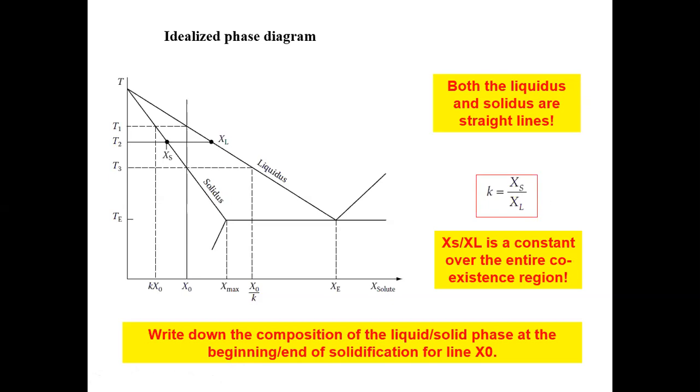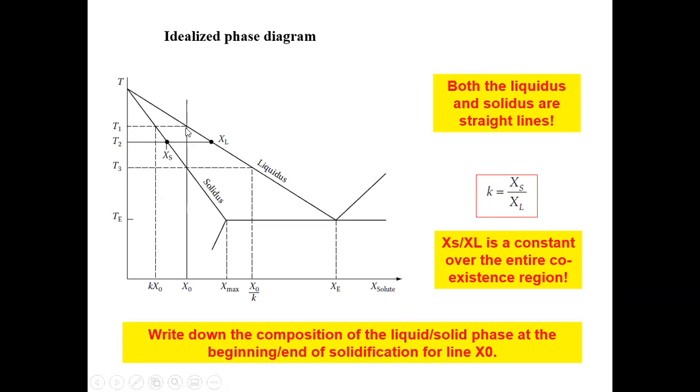At the beginning of the solidification, we know the liquid starts with the composition of X naught, right? Because we're following this pathway, we prepare the liquid to be at a composition of X naught. So when the solid just starts to form, the liquid still has the composition of X naught. Does this make sense to everyone? Now, based on this relation, what is the composition of the solid? You can immediately construct the tie line.